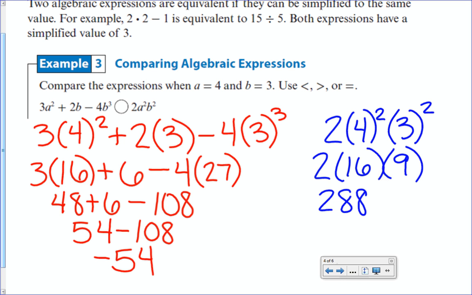And as we can see, negative 54 is less than 288. So my comparison is less than.